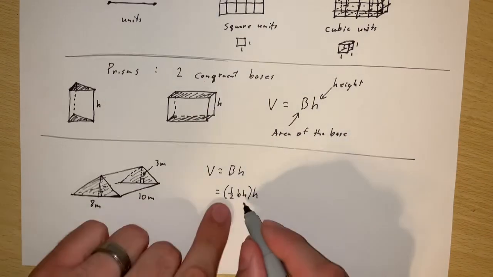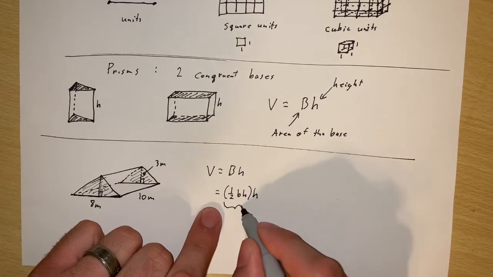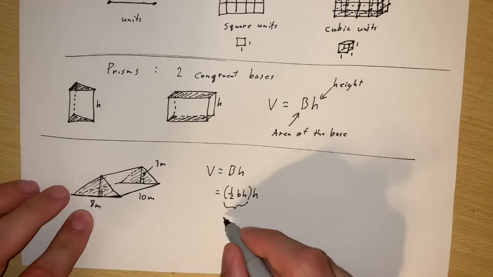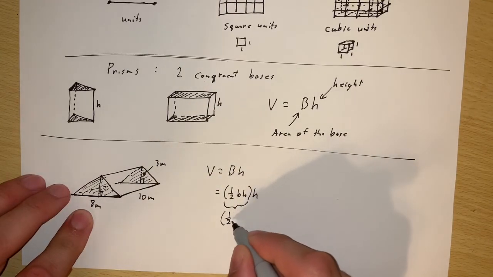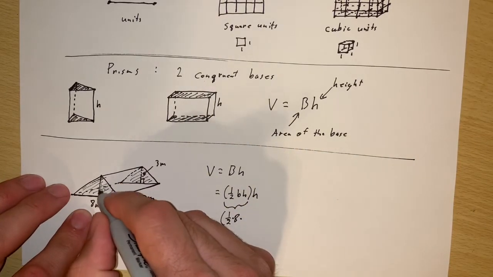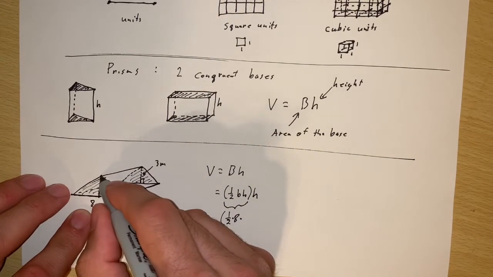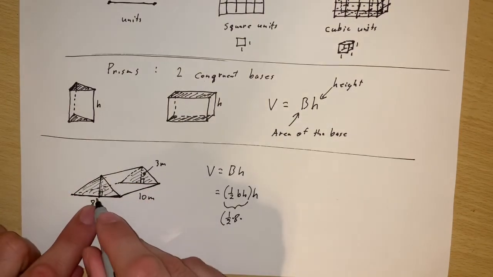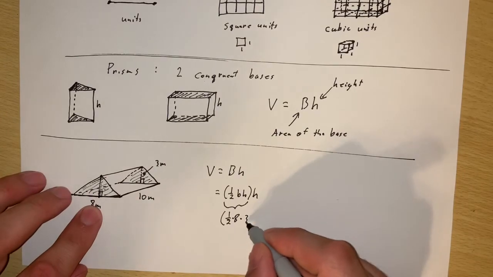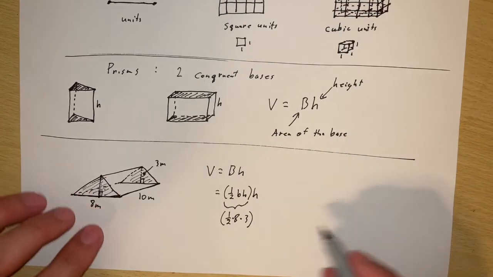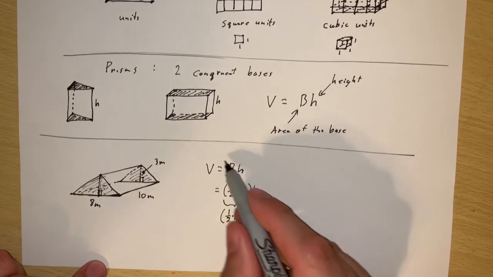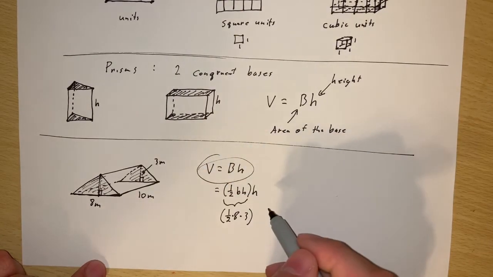Now, of just the triangle, the base is 8. And the height is this distance right here, from the top point to the bottom side. That is a length of 3. And then this H is referring to the height of the prism, the whole thing.